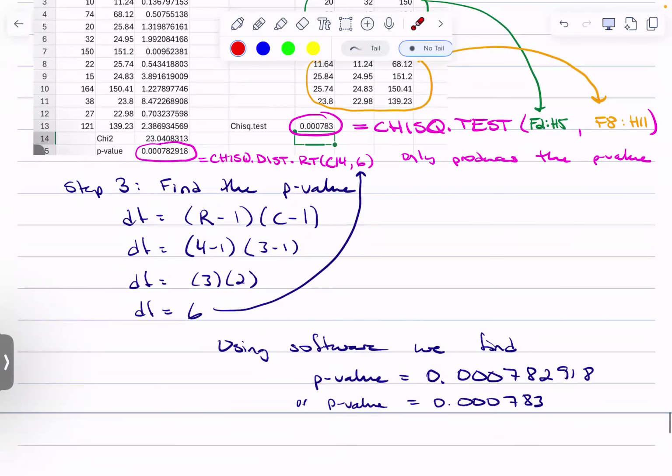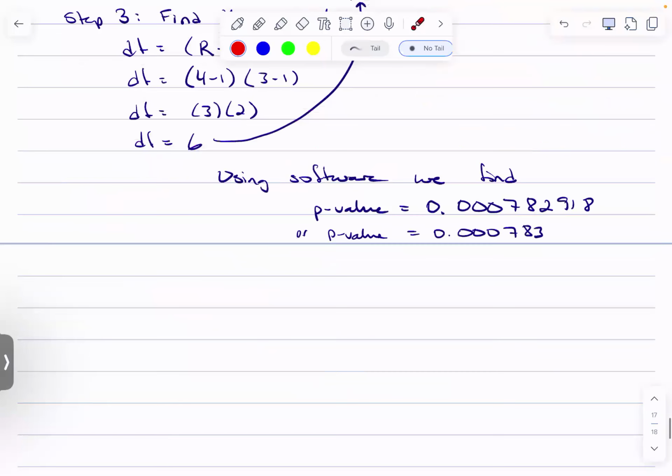Since we have our p-value, I'm not going to bother with the critical value, because the p-value is the more common approach that we use anyways. So then step 4, your conclusion. This is a very small p-value, right?